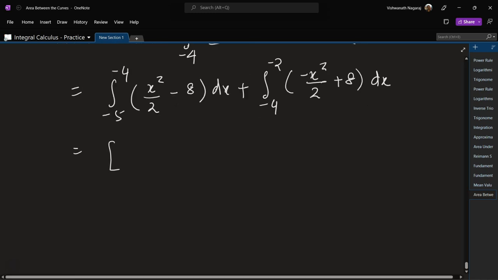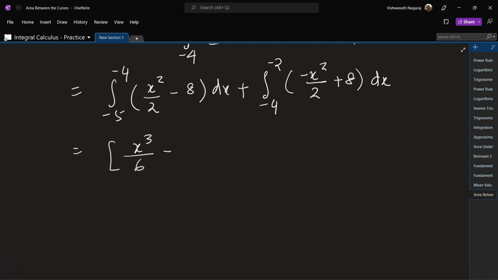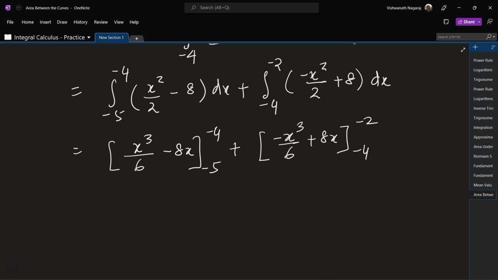If we integrate, we get x cubed by 6 minus 8x from minus 5 to minus 4 plus minus x cubed by 6 plus 8x from minus 4 to minus 2. And if we solve all this, we get 53 by 6.